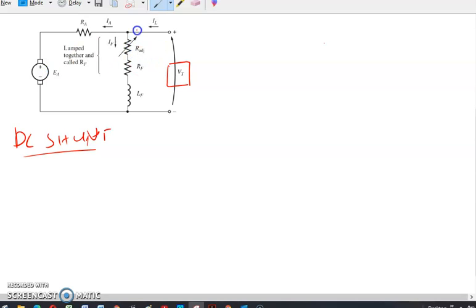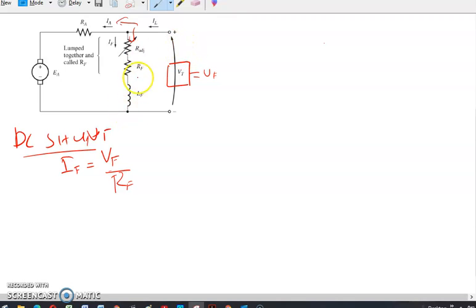From the schematic, we can apply KVL and KCL so that we can produce the related equations out of it. First of all, the field current. Field current is VF over RF, since VT and VF are the same.